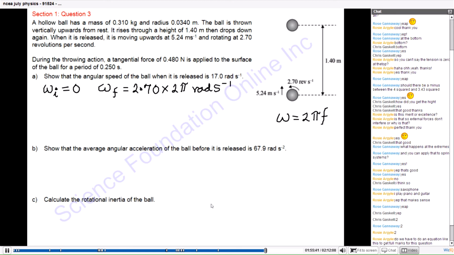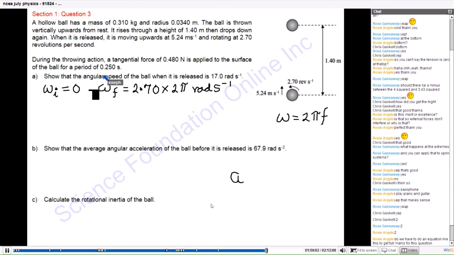Always think of your linear equations and you can then get the corresponding angular equation. They just wanted the angular. I started working on the next part by mistake rather than just this one.